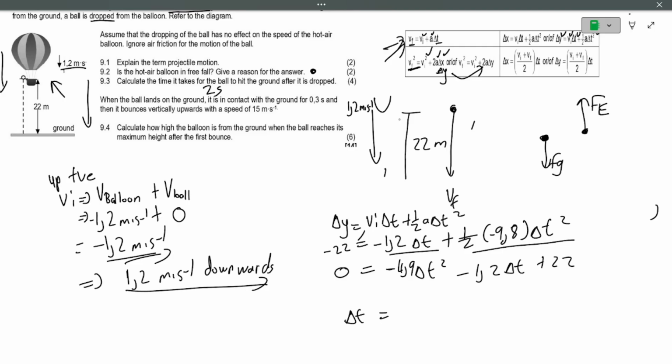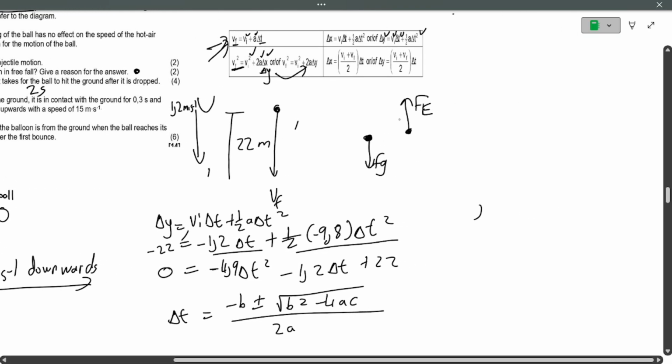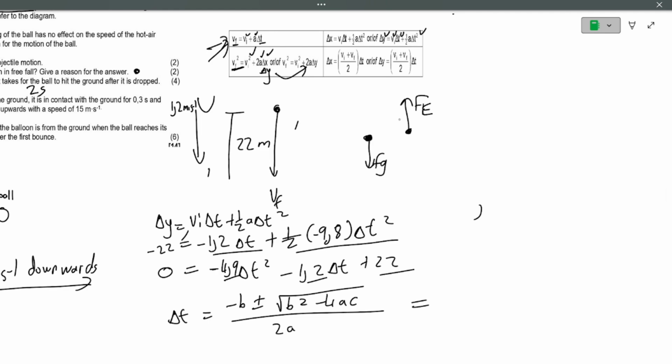Instead of x equals negative b plus or minus the square root of b squared minus 4ac, all over 2a, we just substitute, in which this one is going to be our a, this one our b, and this one is our c. So we substitute negative of negative 1.2 plus or minus the square root of b squared.